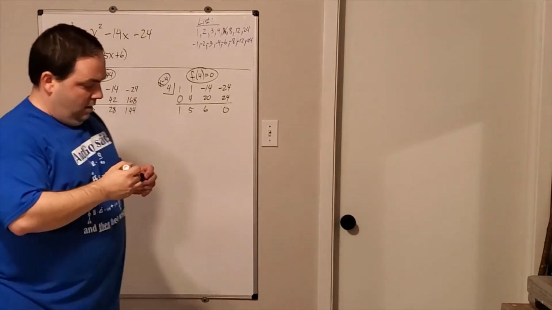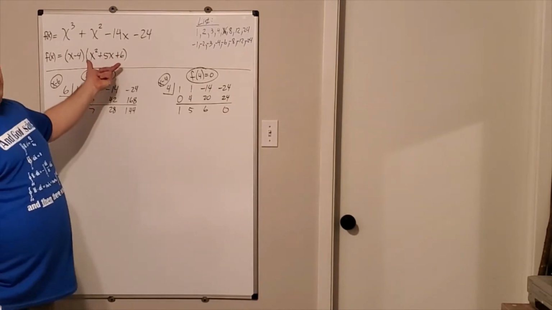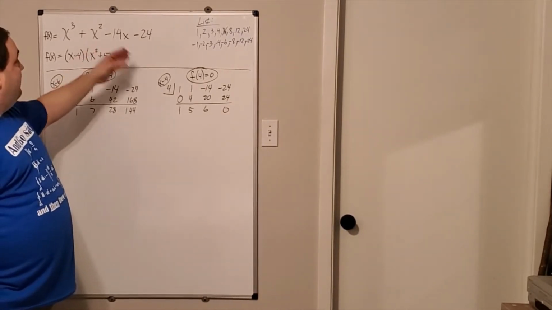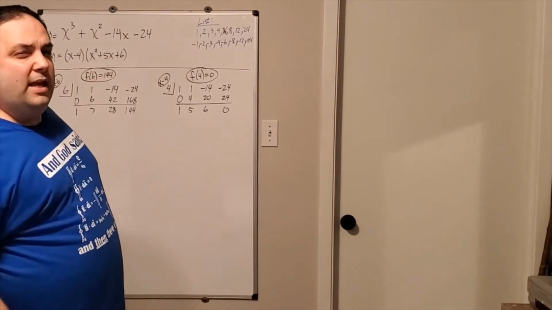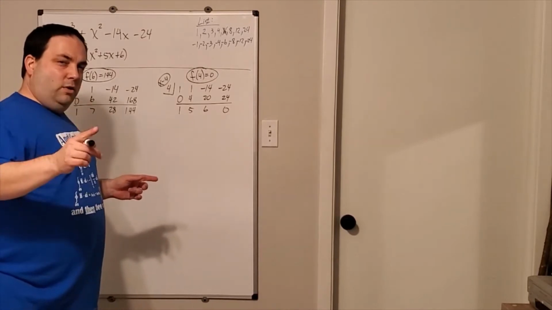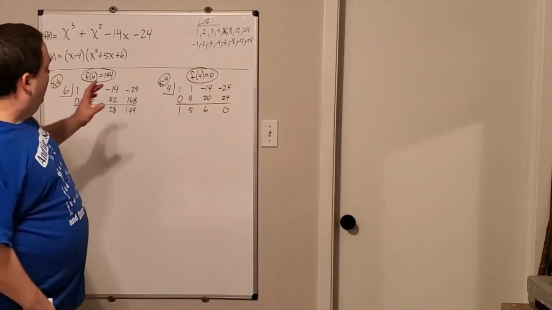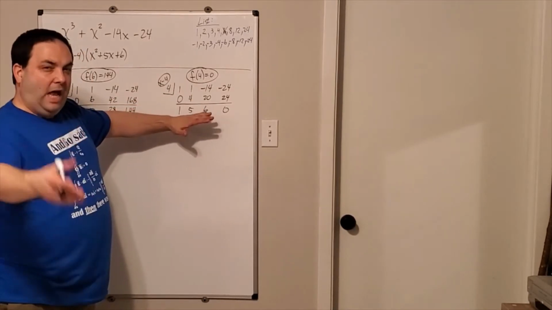Okay? Well, like I said before, good news. You've broken it down to something that's probably recognizable. The x squared plus 5x plus 6, you can probably factor it right now. Let's use that knowledge, though, and guide another guess, because I want to show you something. See, when you're doing synthetic division, you don't have to stop.